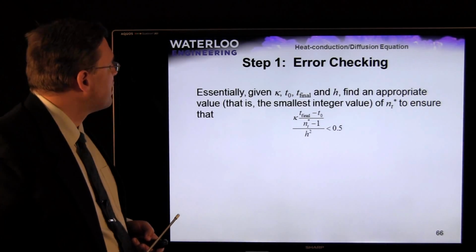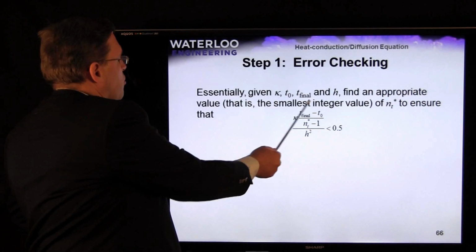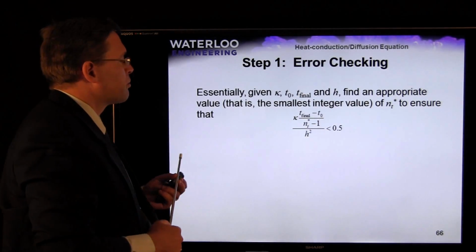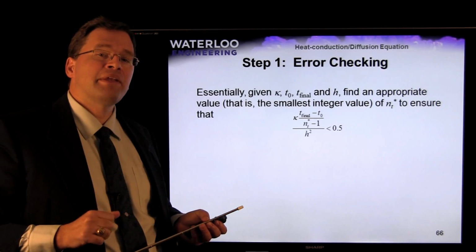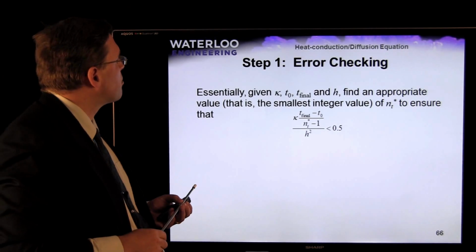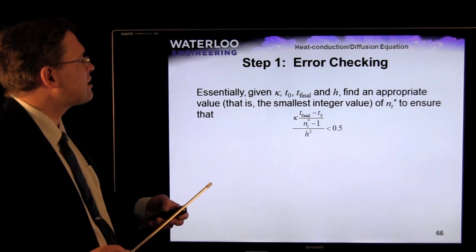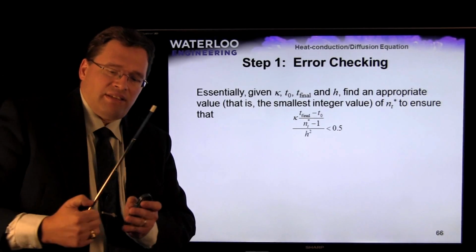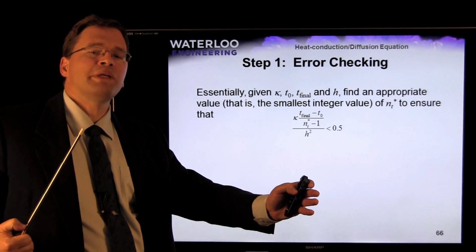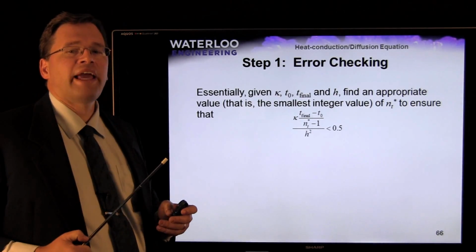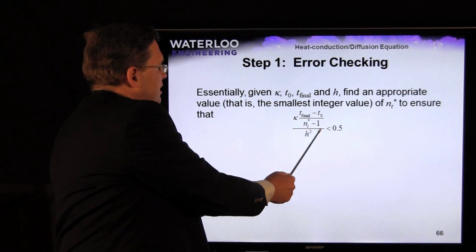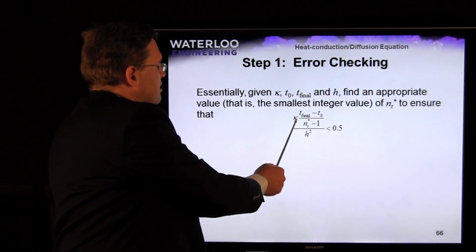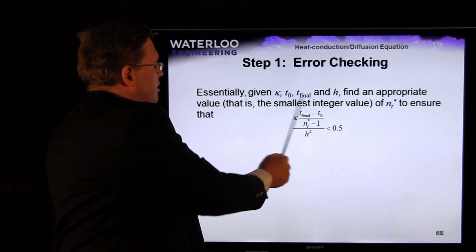Well, first of all, we have to figure out what value we want to use. Well, what can we change? We can probably change the step in time. That's probably the easiest thing to do. So let's change the step in time and suggest to the user some number, how many points in time should we use for a given n sub x? Well, essentially we want to, this is kappa, this is our value delta t.